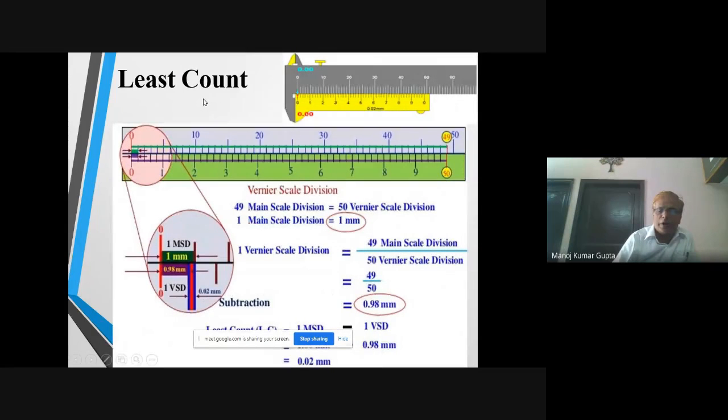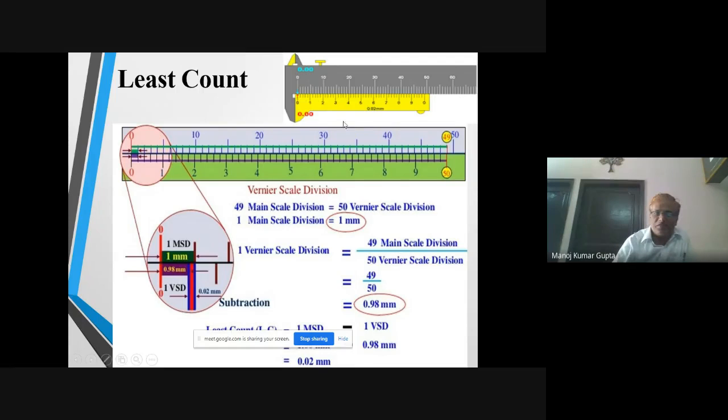Now we are calculating the least count of vernier caliper, vernier scale division. Suppose this is the main scale and this is the auxiliary scale. So 49 main scale divisions we take up to 49 millimeter, and 49th mark on the main scale coincides with 50th number of vernier scale division.